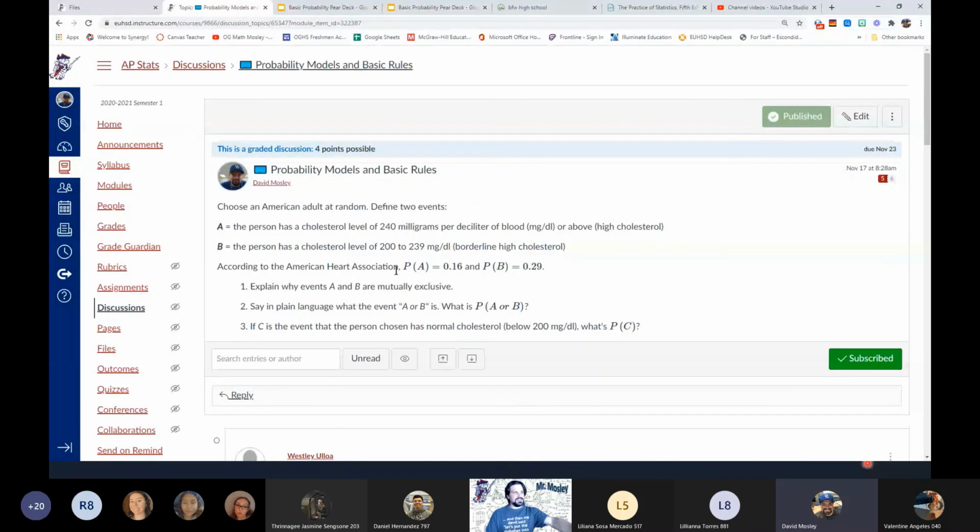According to the American Heart Association, the probability of event A is 0.16, probability of event B is 0.29. Explain why these are mutually exclusive, what the event A or B is, right? What is probability of A or B? And if C is the event that the person chosen has normal cholesterol below 200 milligrams per deciliter, what is the probability of C?